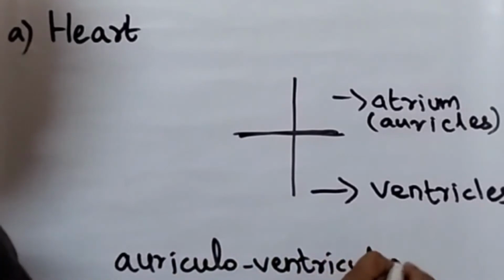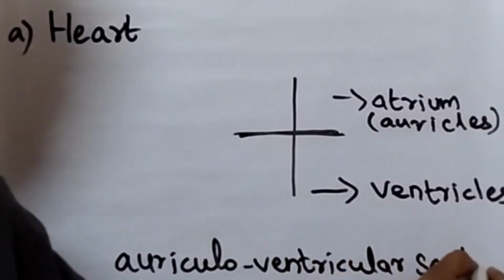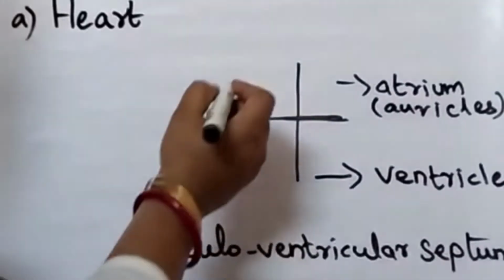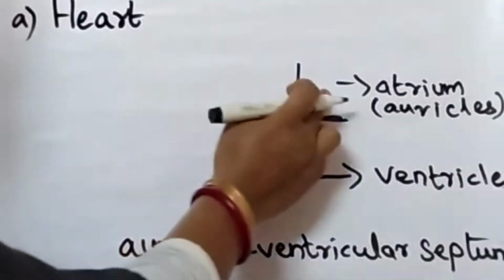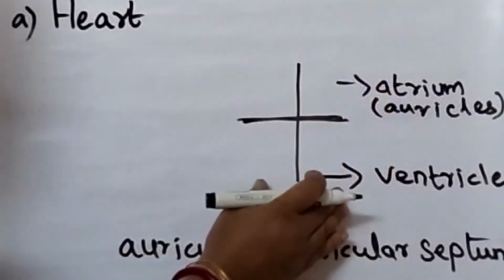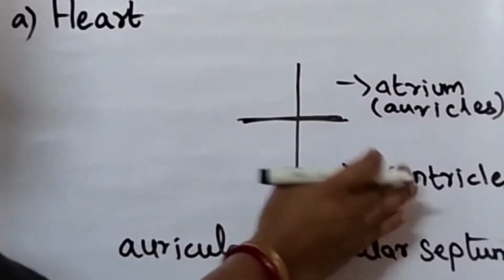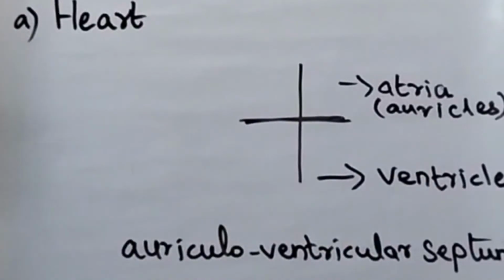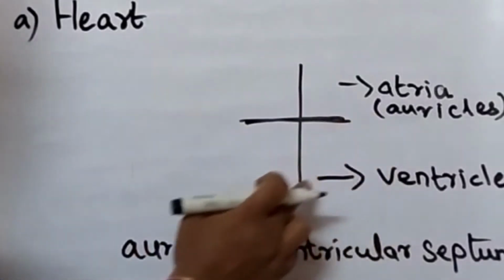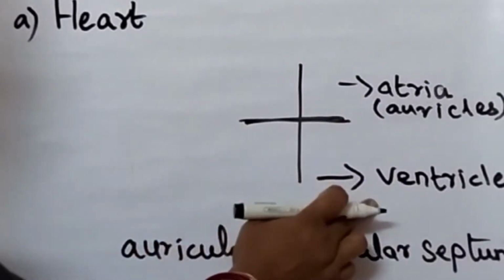So, it is divided into 4 chambers. The upper chambers are called atria or auricles and the lower chambers are ventricles.